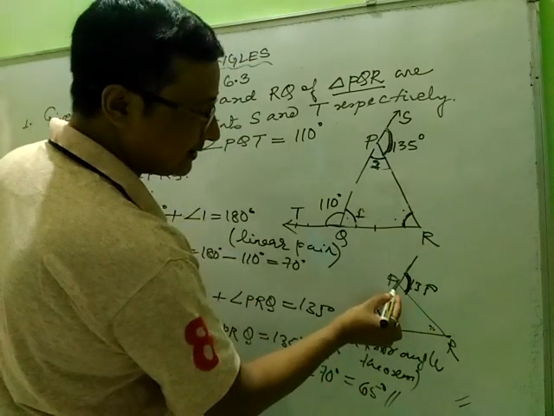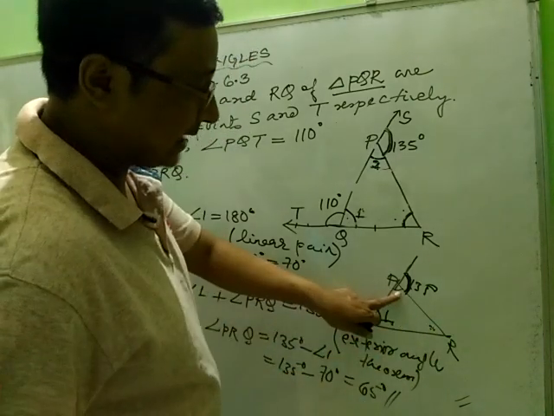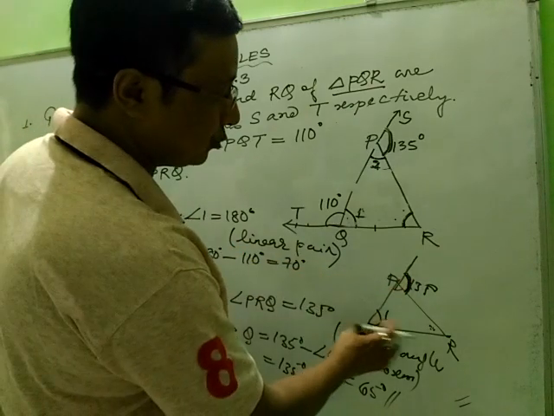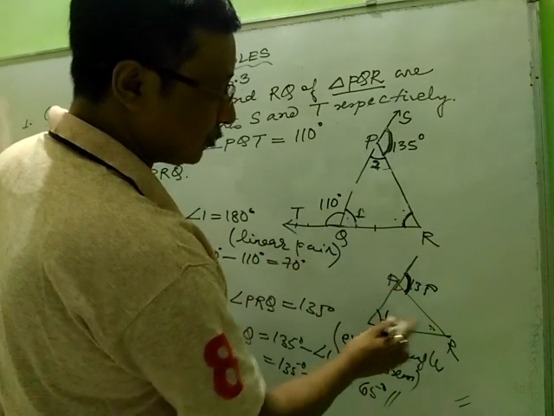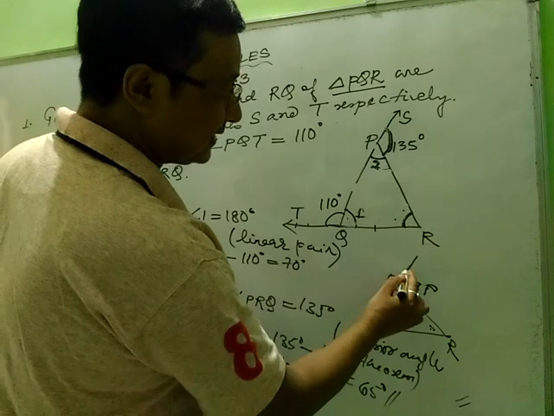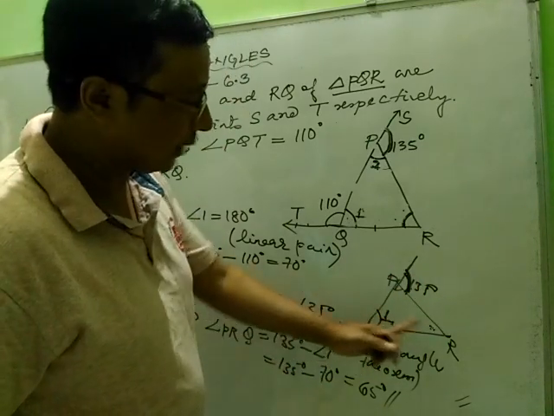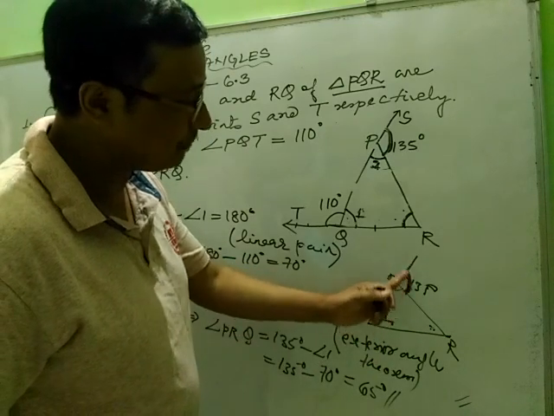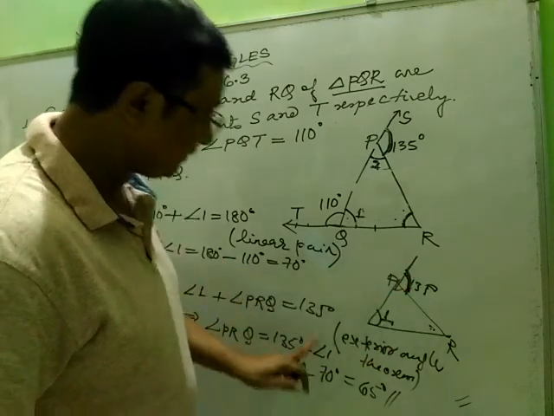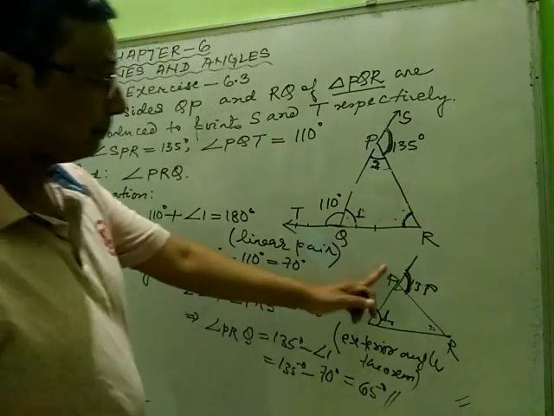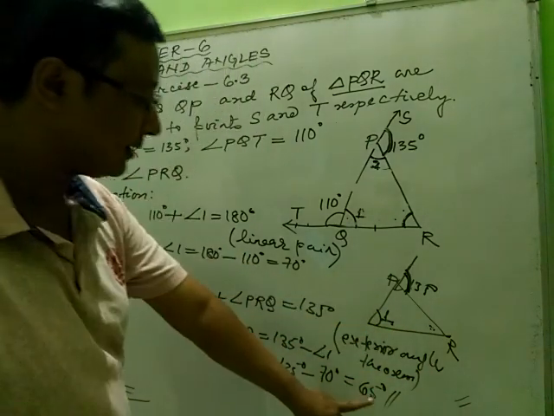You cannot take the nearest adjacent angle, so you will take the other two remote interior angles, which are farther than this angle, that is the exterior angle. So adding these two angles, you will get 135. The reason is the exterior angle theorem. So you got how much? PRQ, you got 65 degrees.